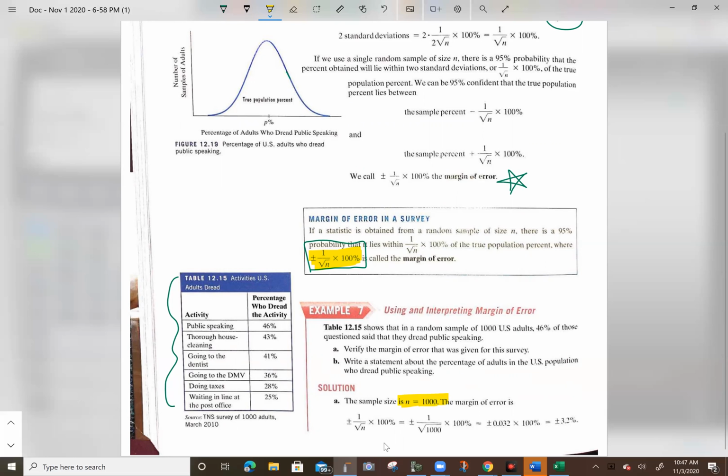So the margin of error is plus or minus 1 divided by the square root of 1,000 times 100%, which is approximately plus or minus 0.032 times 100%, which is plus or minus 3.2%.